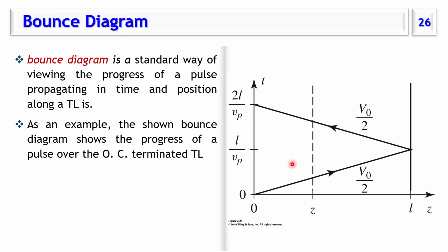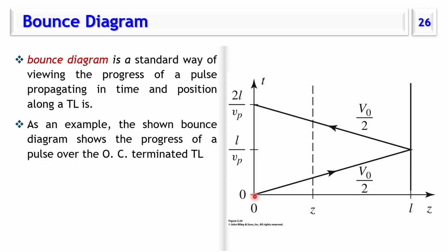So here the idea is we are propagating. This is the time, and this is the length of the transmission line. At time equals 0, we start at 0. So this is the case of the open circuit transmission line.